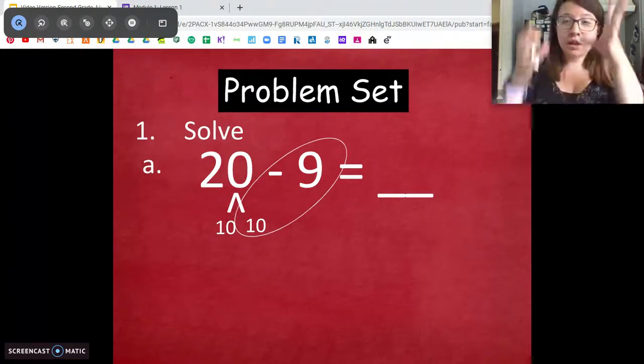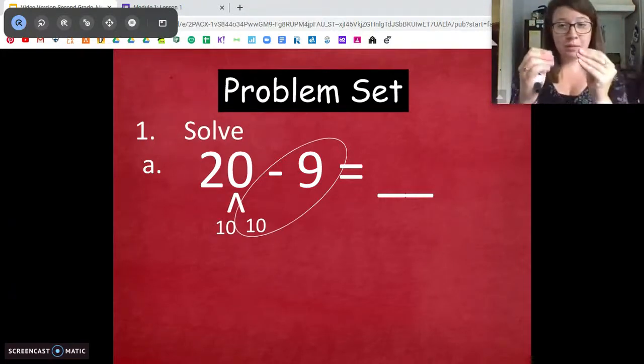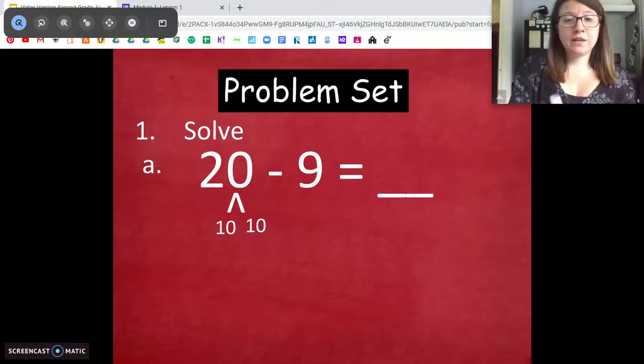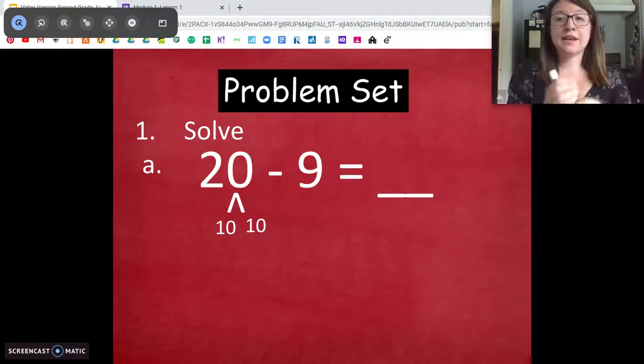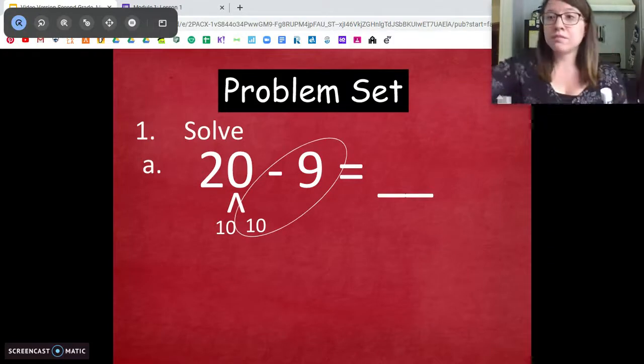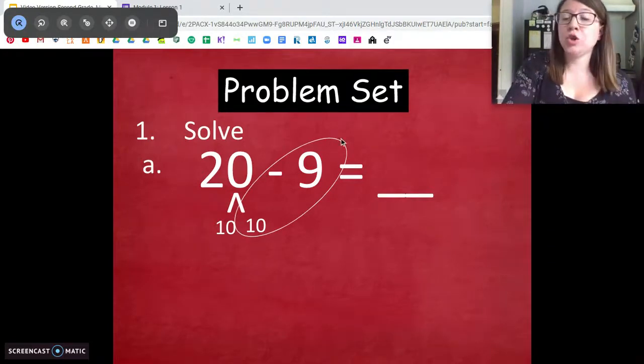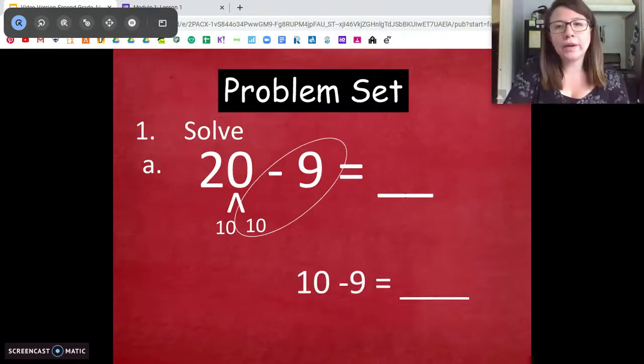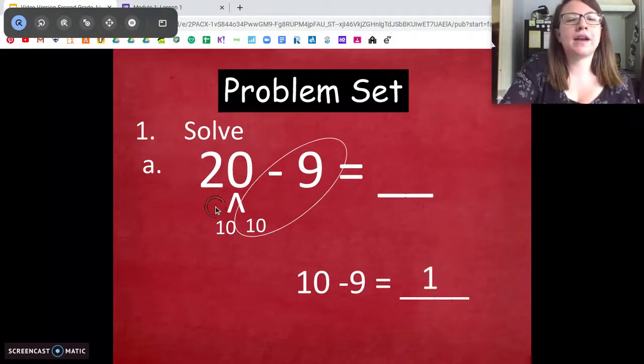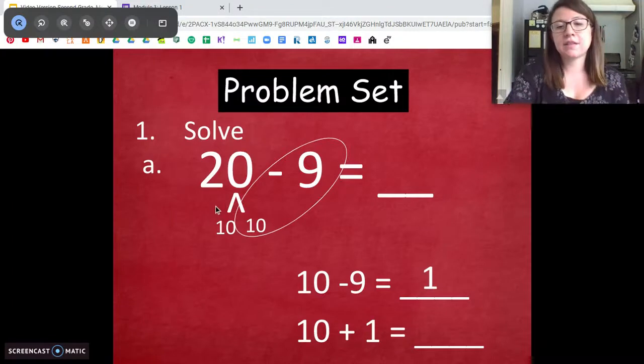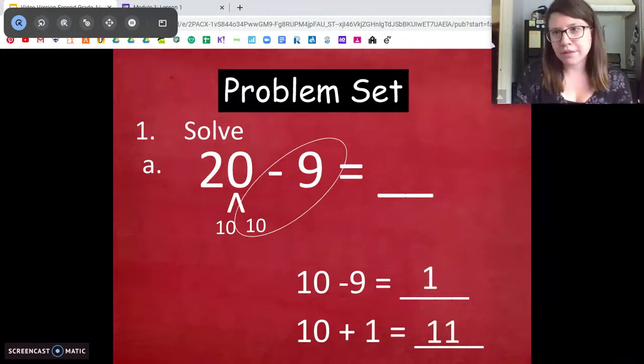So, pull out the 10 and then finish the number bond. So we have 20 is broken apart into 10 and 10. Now take the fact and subtract. You know what 10 minus 9 is. That's so easy. You got it. 10 minus 9 is 1, and then you need to add in your extra fact, those extra 10s there. 10 plus 1 is 11.